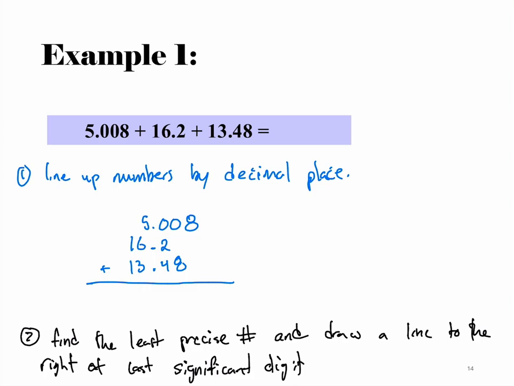Right, so what's the least precise number here? 16.2, right? So then we're going to draw a line to the right of the least significant digit, which is this 2 right here, and that's going to give us the precision of our answer.